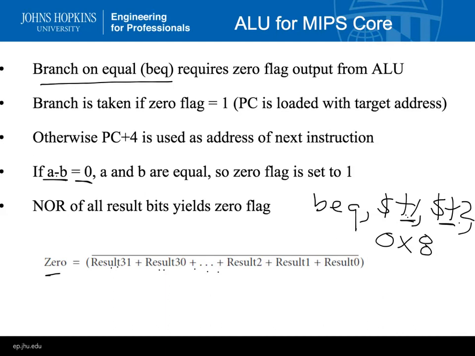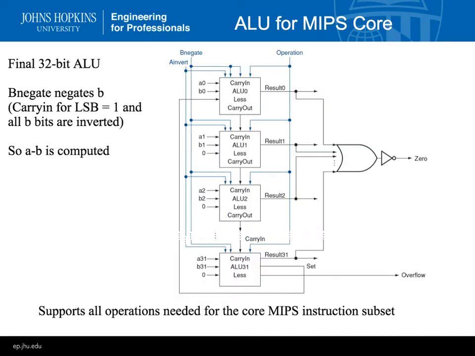So this is the 0 flag. So now we're going to put on the end of this our 0. This is our OR gate on the end and our indication of 0. So we're going to negate B, take A minus B.